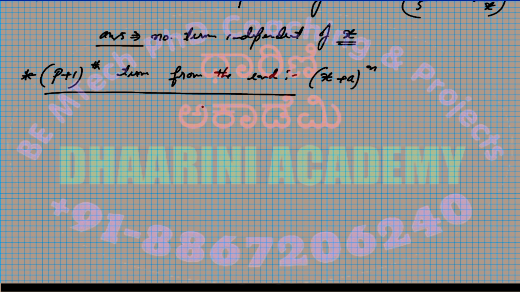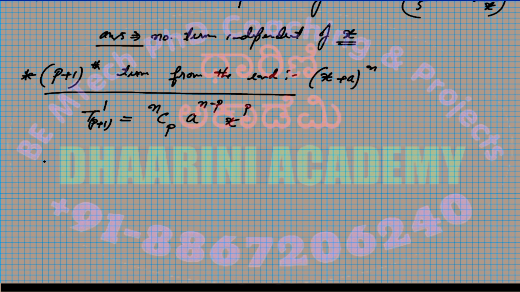So this is the p plus 1th term, t p plus 1, but this is from the end, so I write a t dash, indicating that this is from the end. It is n C p. See the difference? Now a becomes first: a to the power n minus p into x to the power p. Only this is the difference.